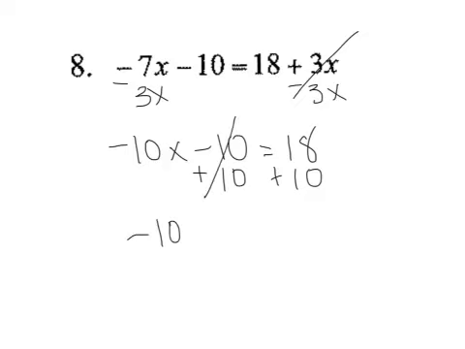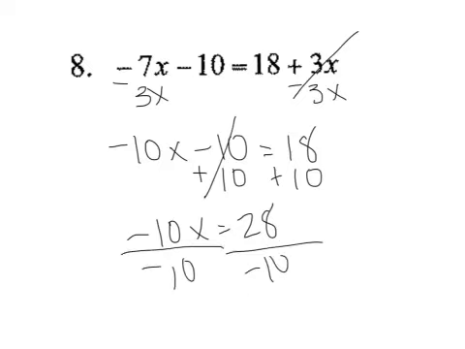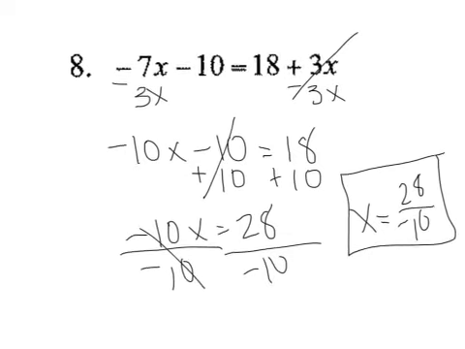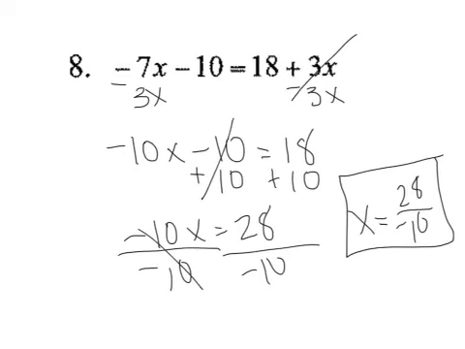So you have negative 10x equals 28. Then your last step is to divide by negative 10. So I might leave this as 28 over negative 10. You can leave it like that, or you can reduce, or you could divide it out and figure out the decimal equivalent. But that is still the correct answer. It's just not reduced.